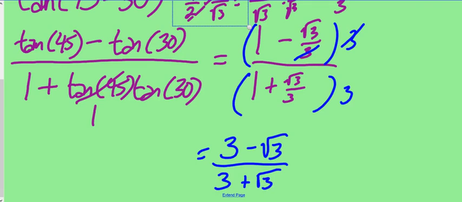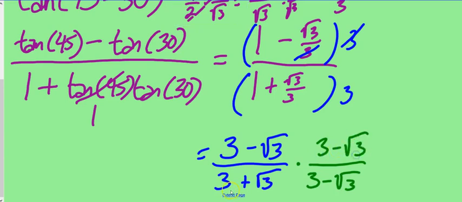You should remember from Algebra 2 days, you can't leave a radical in the denominator, so you have to rationalize. To rationalize this one, we multiply by the conjugate of the denominator in the top and the bottom. The conjugate is the exact same thing as the denominator, except for an opposite sign.